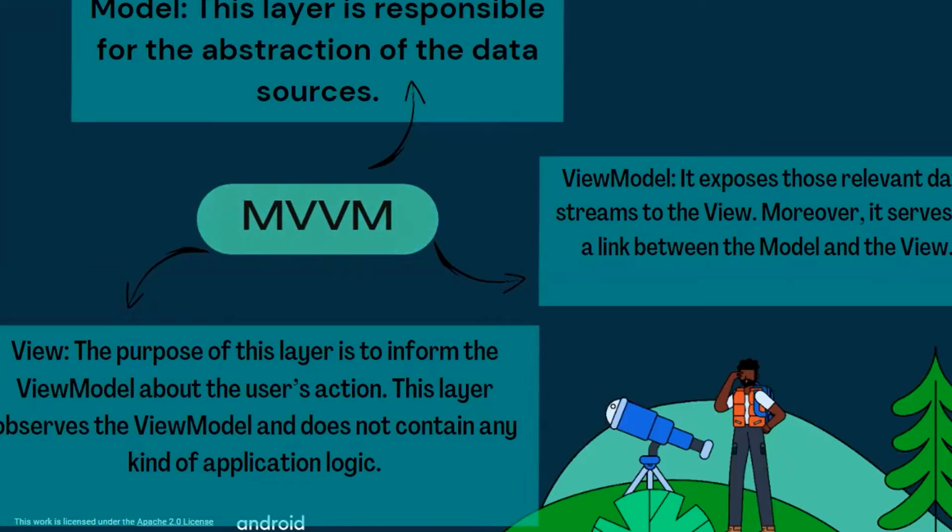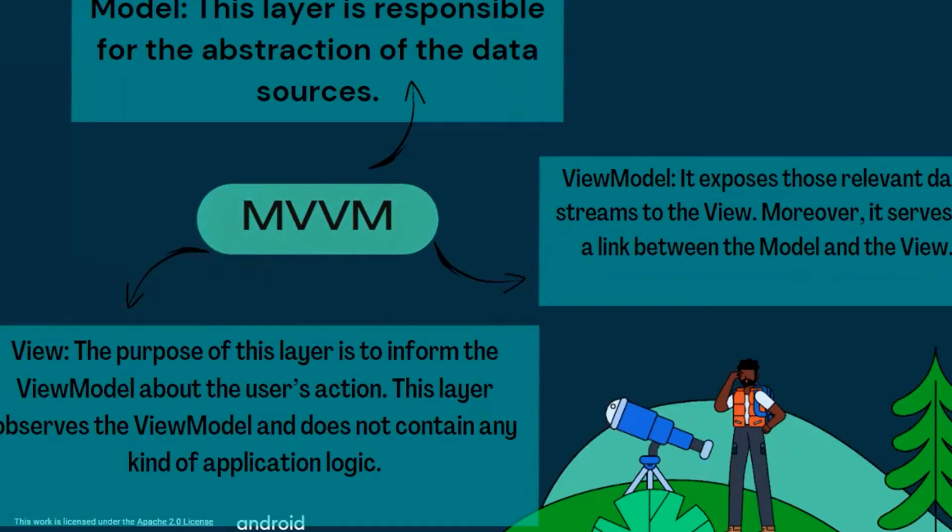Anyone? The view is the content of the app which we would see while the app is running. Yeah, exactly. The thing which we see on the screen. So it's basically the layer which directly interacts with the user, right?